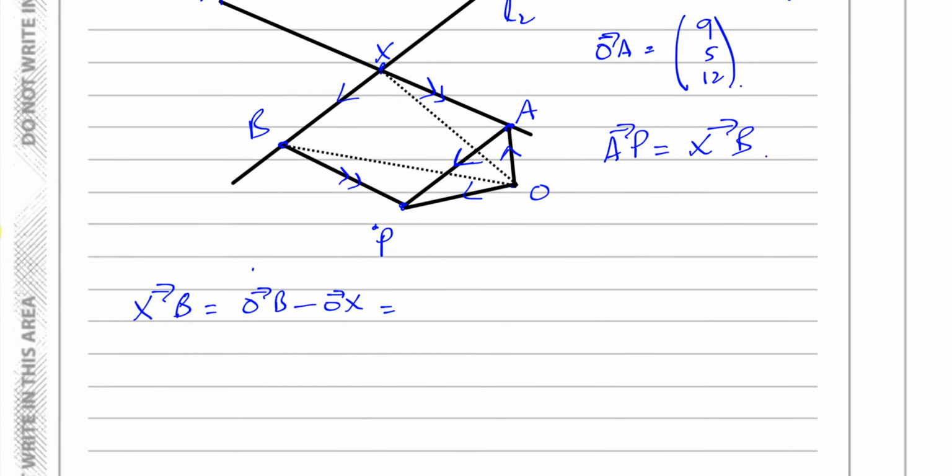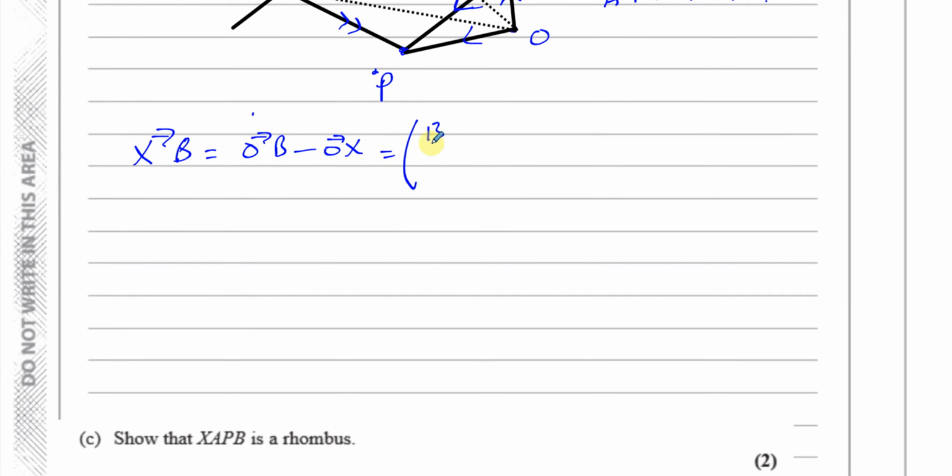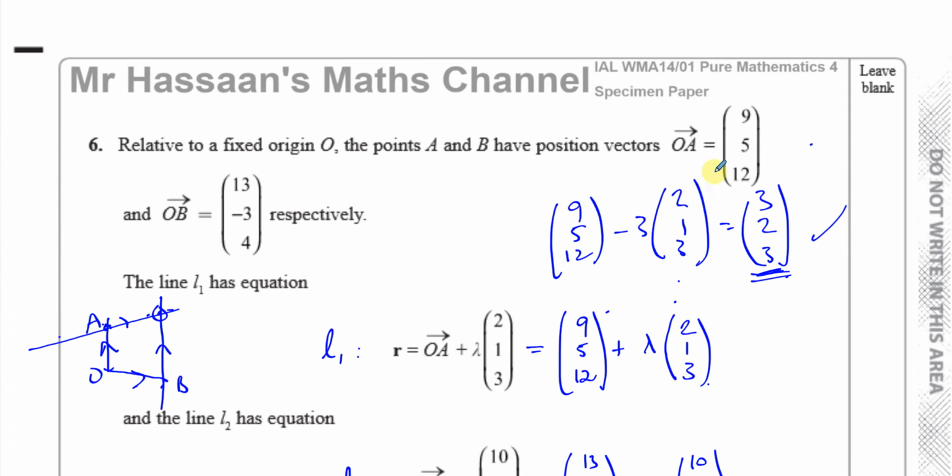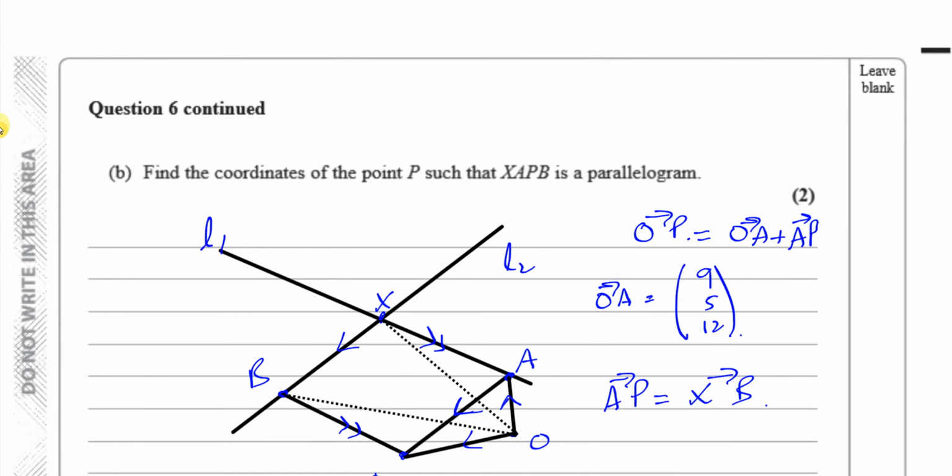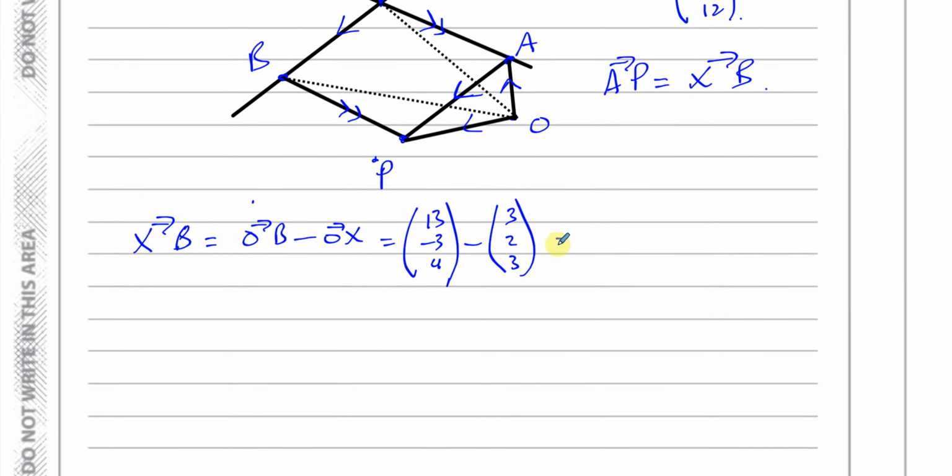Minus O to X, which we found as 3, 2, 3. That was O to X, the position vector of the point X where they intersect. So this is going to give me 13 minus 3, which is 10, minus 3 minus 2, which is minus 5, and 4 minus 3, which is 1. So this is the vector X to B, which is the same as A to P.